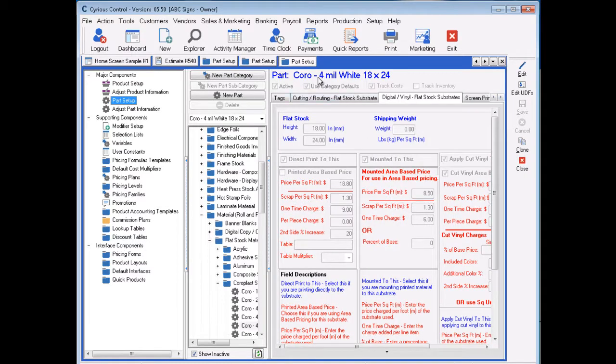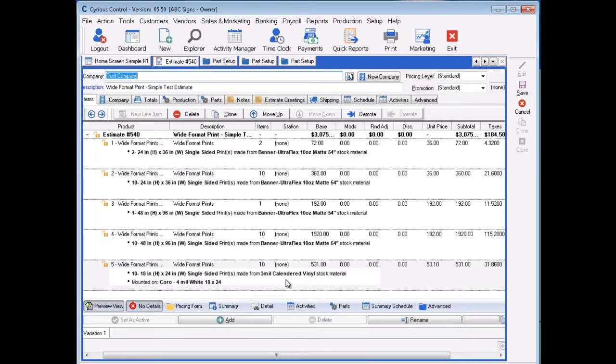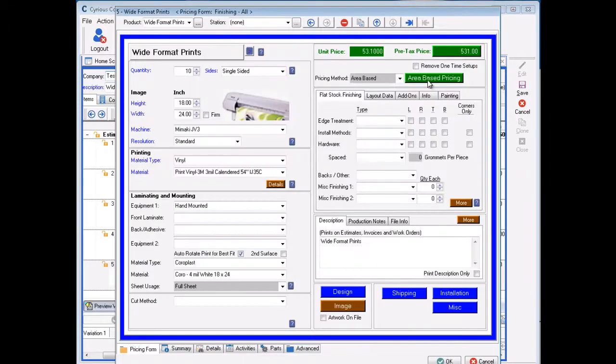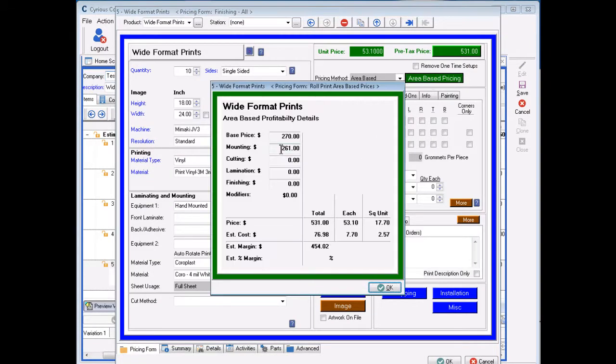In this scenario, for this coroplast, it's adding $8.50 a square foot plus a $1.30 scrap charge plus a $6 one time. Therefore, looking at our estimate, if I look at my area-based pricing, that's where that number is coming from to mount 10 sheets of coroplast.